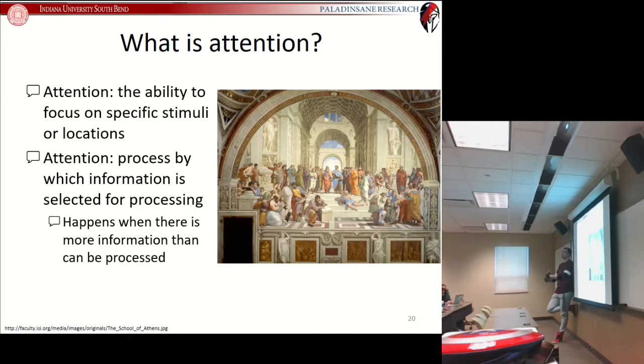That's all part of the process that we label as attention. And importantly, this is a little obvious, but it happens when there's more information than you can process. So when there's more information available that you need to process than you currently can process, that is when this mechanism of attention gets engaged.